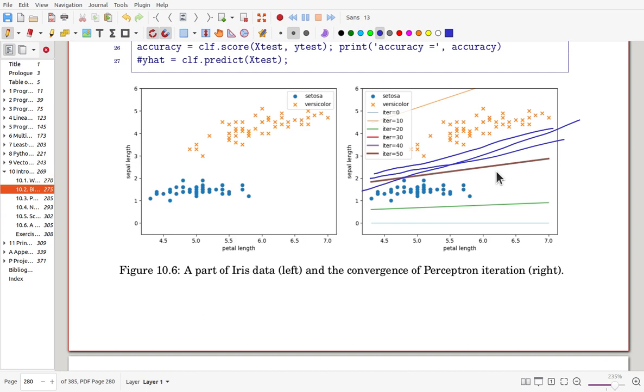However, once a given data set is separable, like in this subset of iris, then after a certain number of iterations you can get a separating hyperplane. Even though it is not optimal, you can get it anyway. That's the property of the perceptron algorithm.